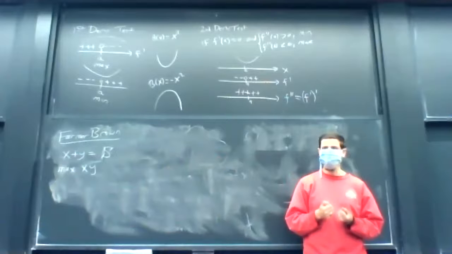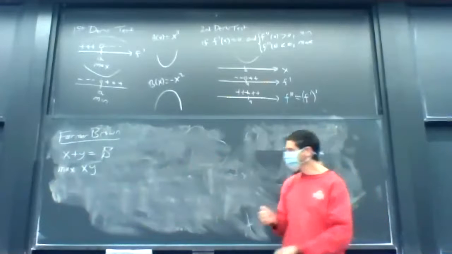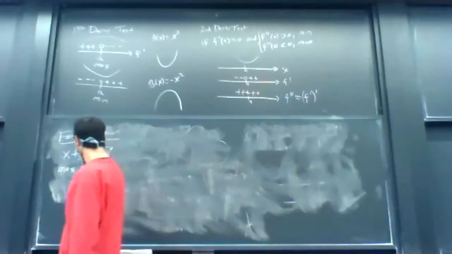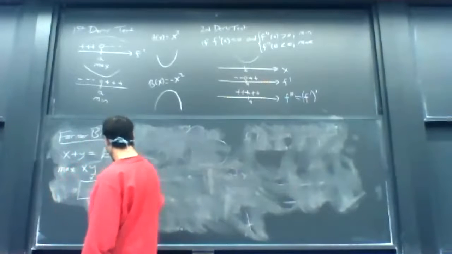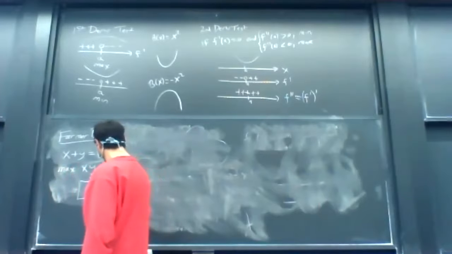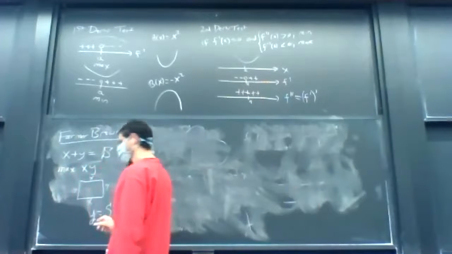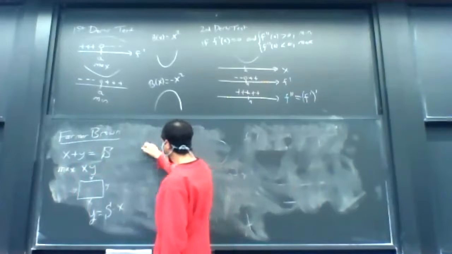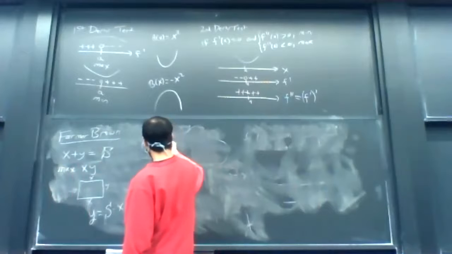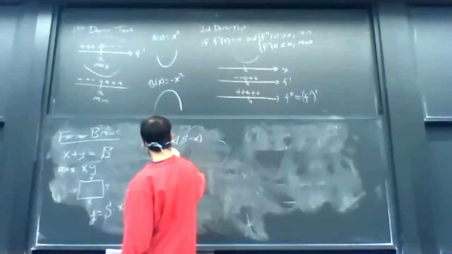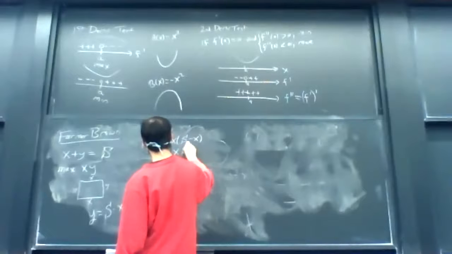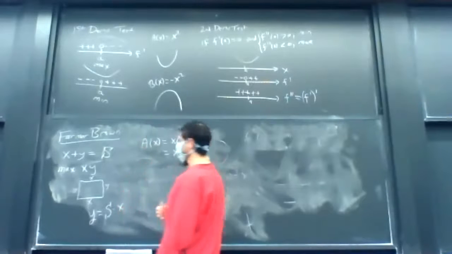But if we think about it, there's a really nice relationship between x and y. If I'm giving you the semi-perimeter, we can say, well, look, y is just equal to s minus x. So we can consider the function A of x is x times (s minus x), or x times s minus x squared.